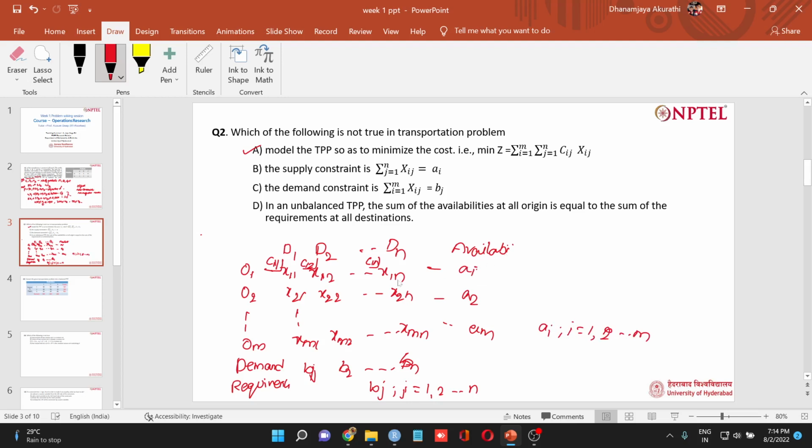In a transportation problem, the objective function is the sum of the cost coefficients multiplied by the quantities transported, so that we can get the minimum cost. And the supply constraint is the availability or supply.